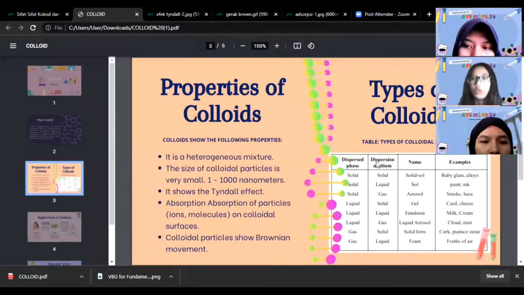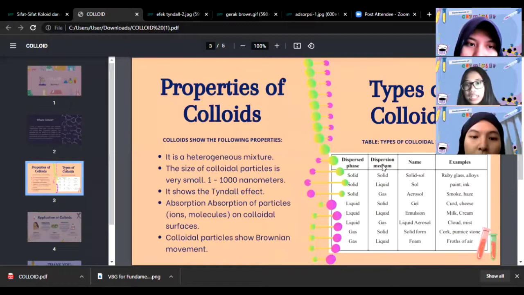Okay, so types of colloids. We can see on the table here the dispersed phase and dispersion medium, or in Bahasa we can say zat terdispersi dan pendispersi. If the dispersed phase is solid and the dispersion medium is solid, the name is solid sol.